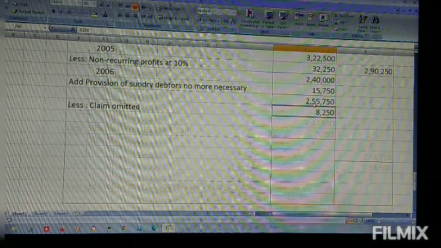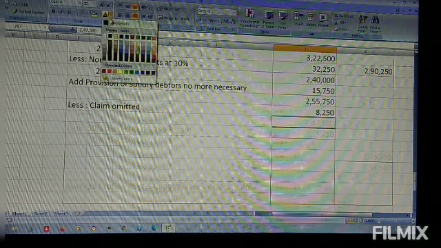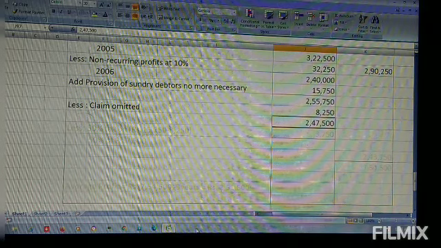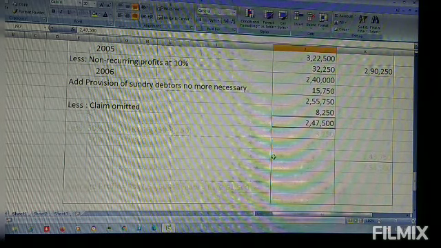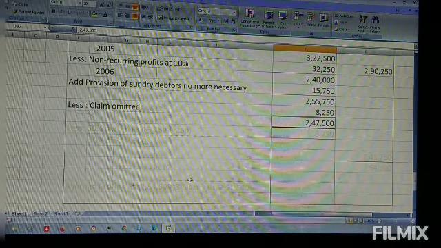So how much net will you get? 2,55,750 minus 8,250, you will get 2,47,500.